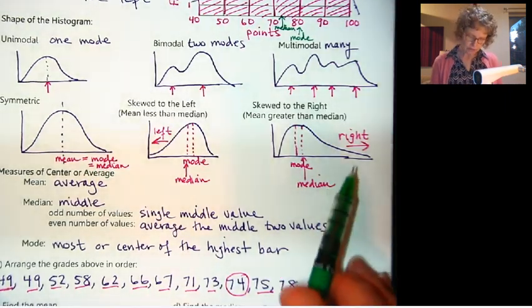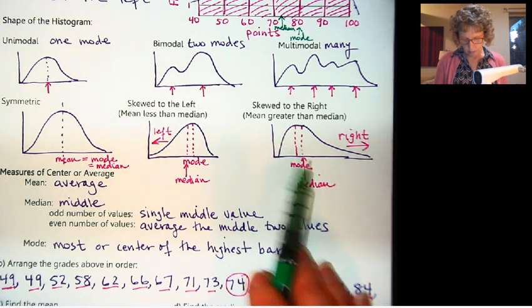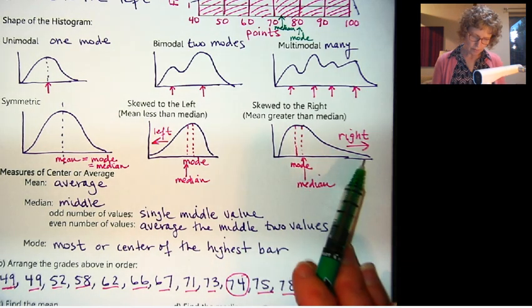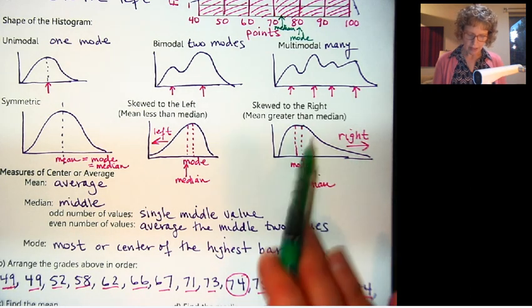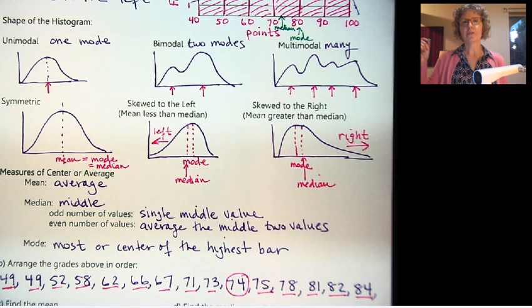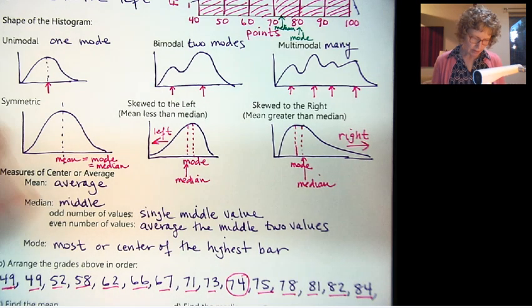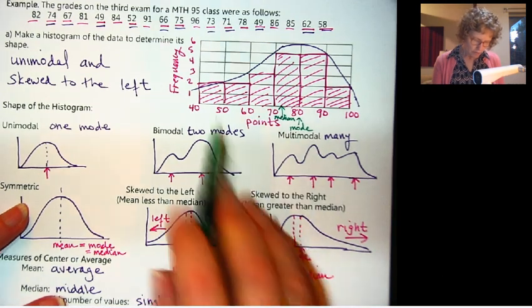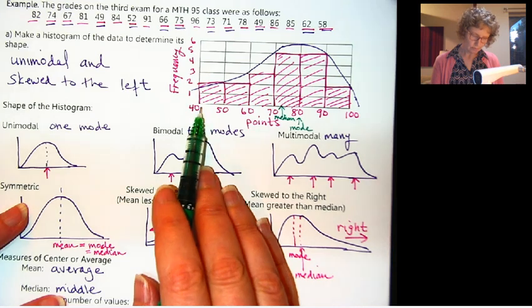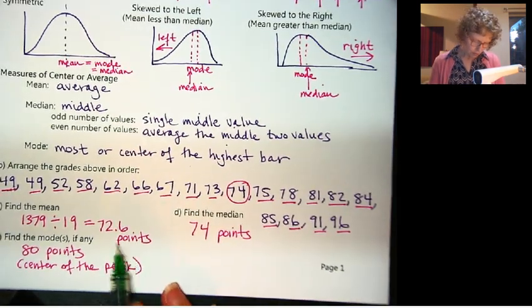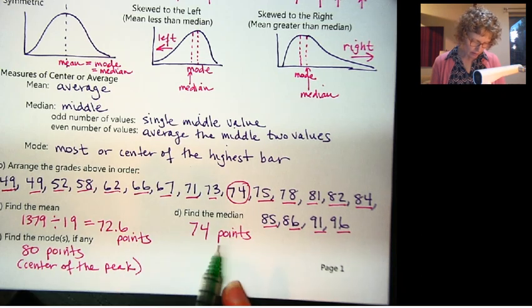If you think of the right skewed, that is the easiest to explain. If you have some folks, let's say it's income, some people making really high incomes, and you average them all together, they're going to pull the average way up. Or in this case, in the test scores, the folks who got 49, they would pull the average down. And so let's see, our mean is 72.6, so it is lower than the median.